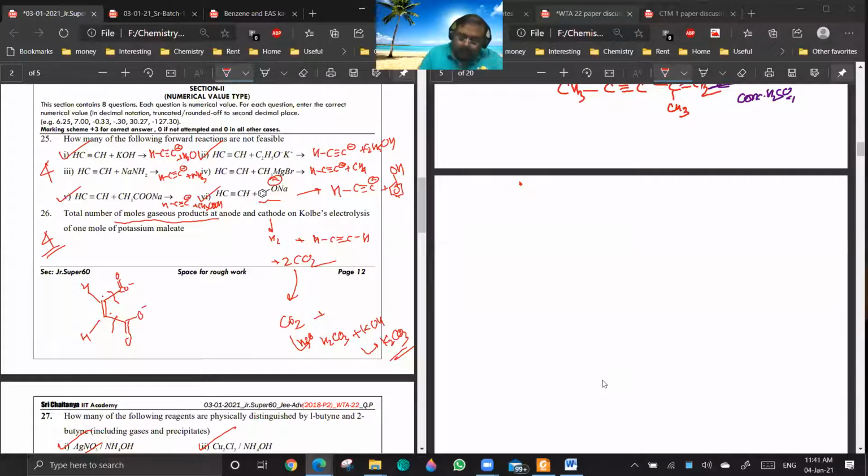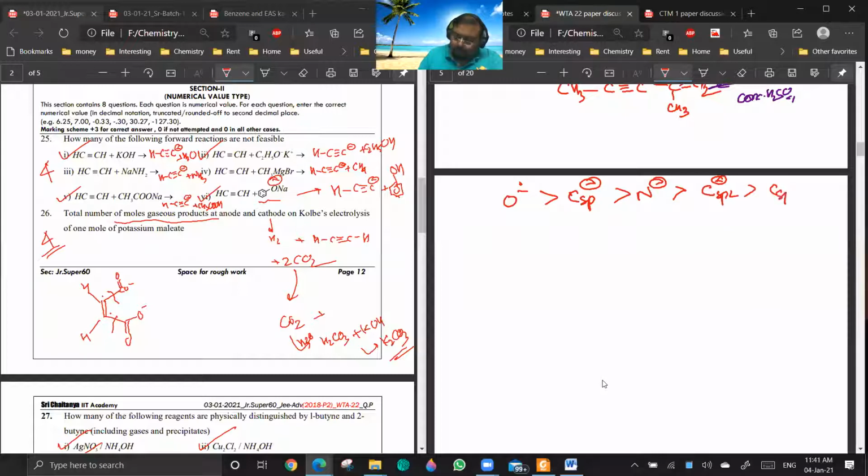Others I have written. Now you see, always remember the stability order of negative charge: O minus is more stable than C sp minus, then N minus, then C minus.